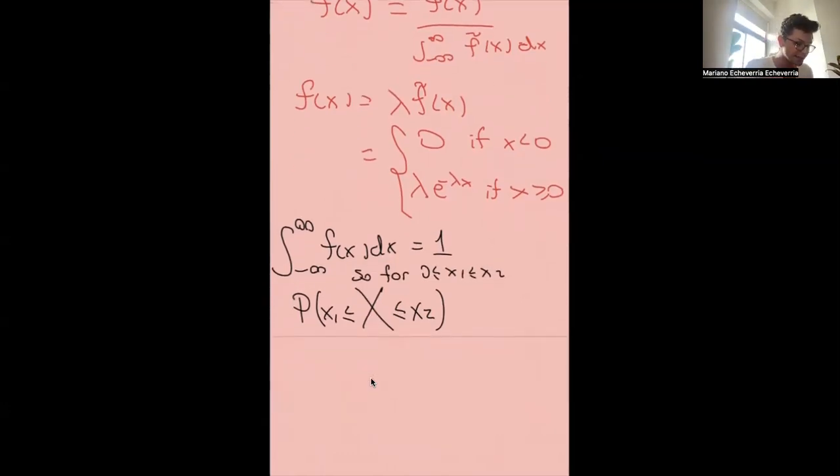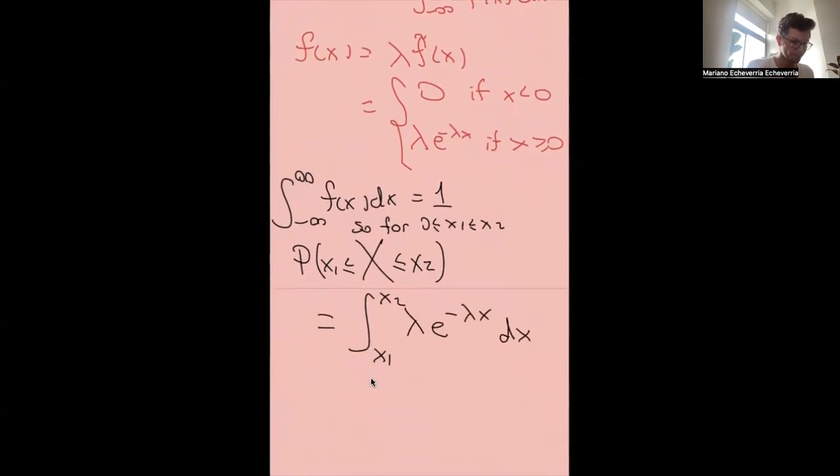It would be the integral of this thing, and it gives you this.